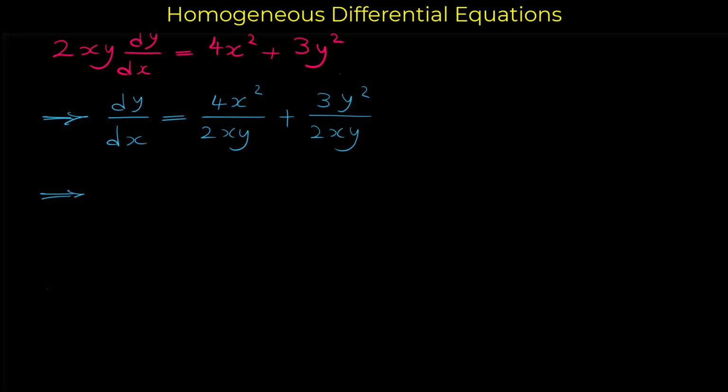So if we simplify this, we have 2x over y. And here, if we simplify y with y squared, a y remains on top. So we have 3 over 2 times y over x.